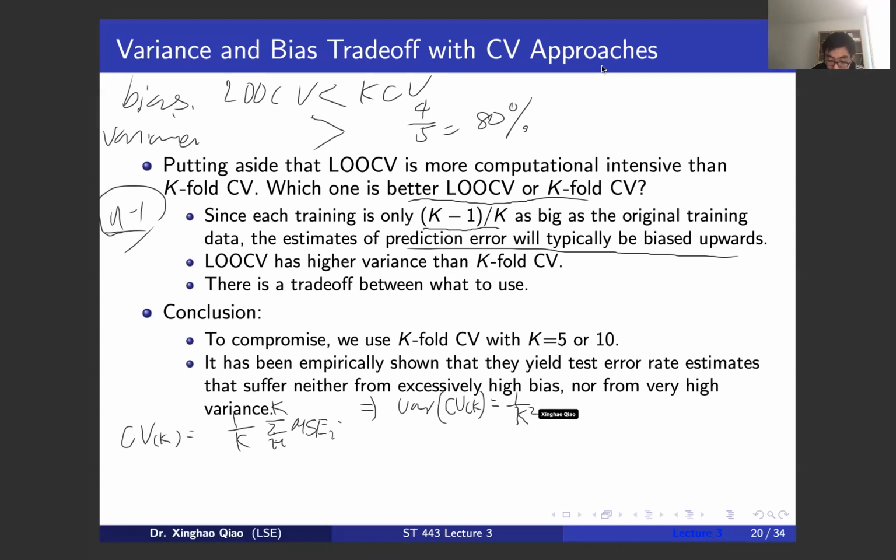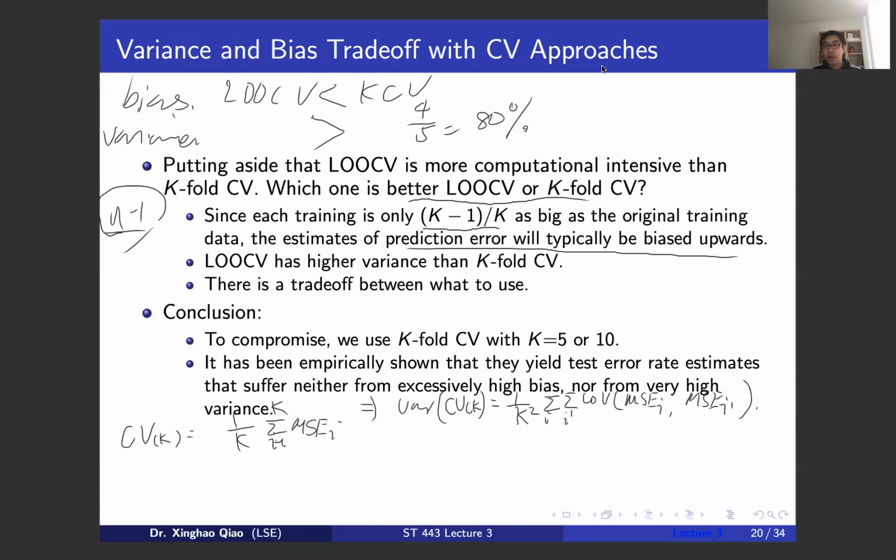Then you need to consider the summation over i and the summation over i prime, and the covariance between MSE_i and MSE_i prime. Roughly speaking, we treat the different MSEs as random variables.